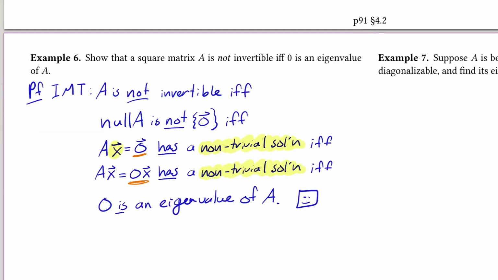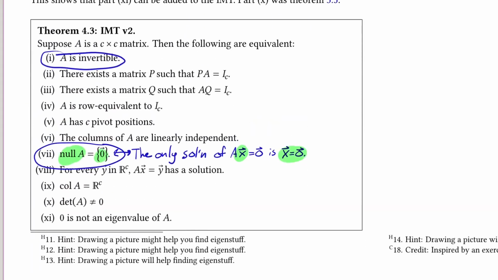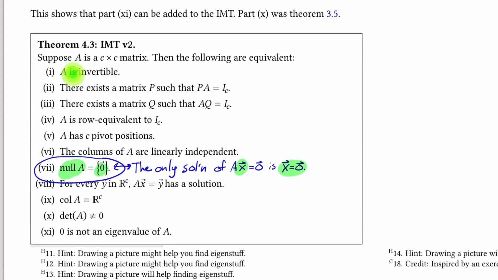And an equivalent way of saying that A is not invertible if and only if 0 is an eigenvalue is that A is invertible if and only if 0 is not an eigenvalue of A. And that is how we can connect part 11 to this.